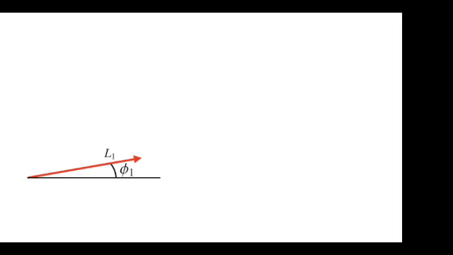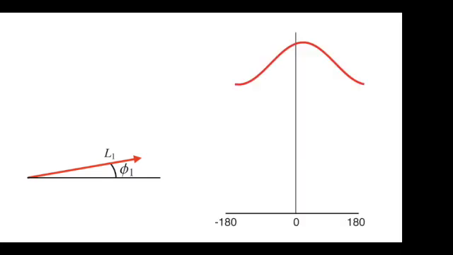In two dimensions, a vector is characterized by an angle and a length. You can map that onto a sinusoidal function, by saying that the position of the peak represents the angle of the vector and the amplitude of the sinusoid represents the length of the vector. So this is a mapping from vectors to sine waves.